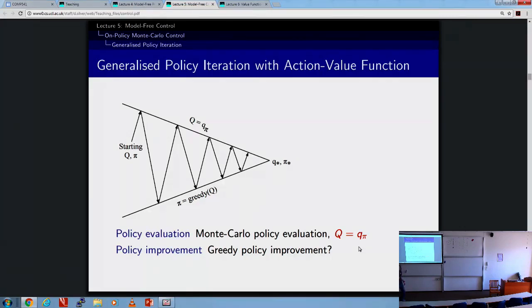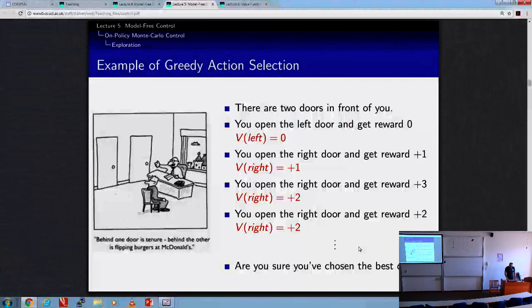Okay, so there is a second issue with this algorithm, which is this greedy business. It turns out it's not good to be greedy in reinforcement learning.